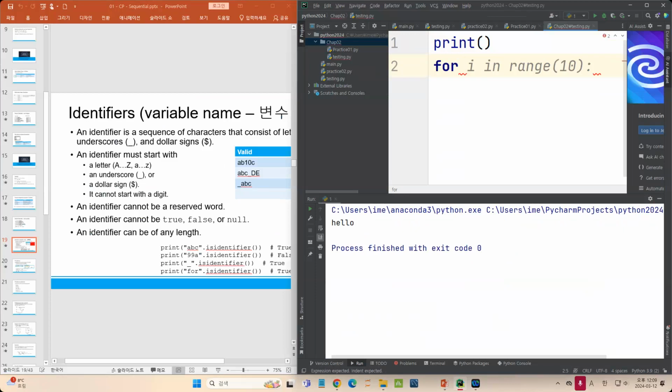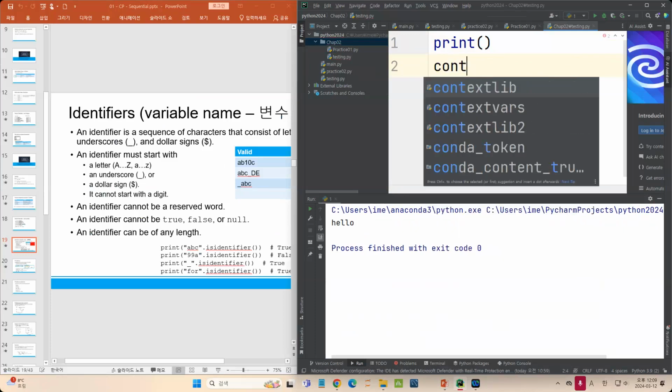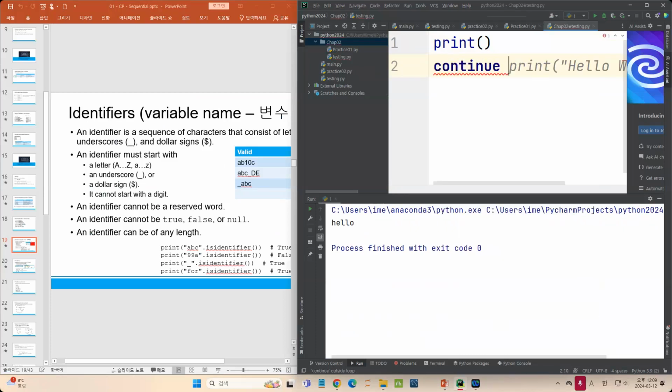You cannot use it as a variable. Let's say continue. You can see that it is also in bold. This is a word in Python. You cannot use it for a variable. Let's say another, while. Okay, this is also, you can directly see the blue becomes bold. So it is a Python word. You cannot use it as a variable.